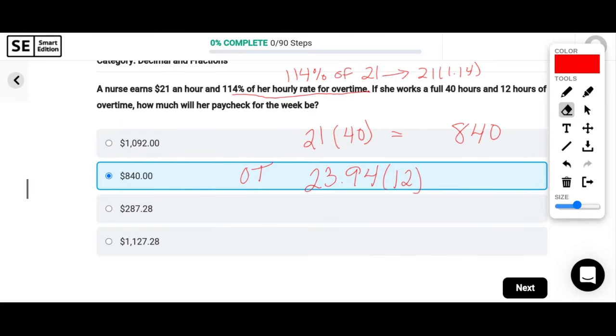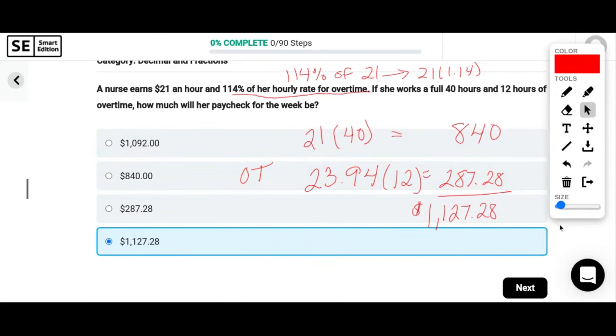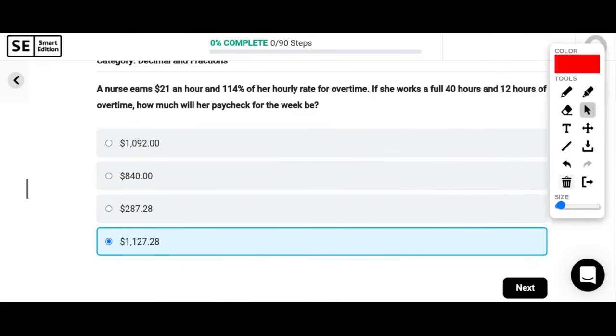And then I just need to add these together. Okay, easy enough. Just plug it right in your calculator. And you will get $1,127.28. So your final answer here, $1,127.28.